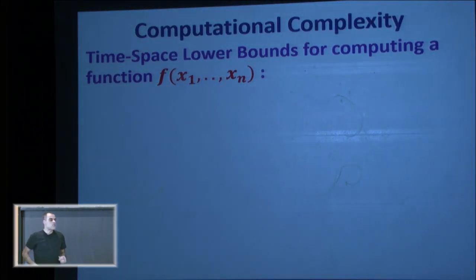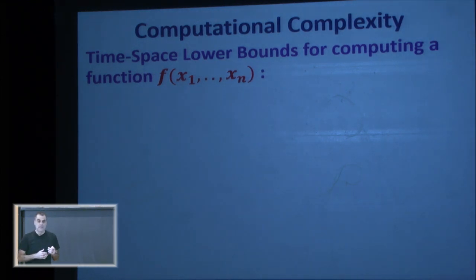Okay, so what about computational complexity? In computational complexity, time-space trade-offs were studied in many different settings, and in particular, time-space trade-offs were studied for computation of a function f of x1 to xn, let's say by Turing machine or by branching program.